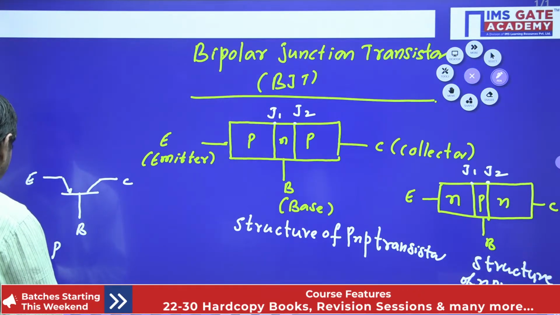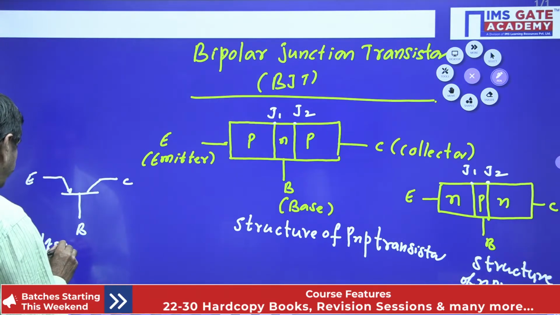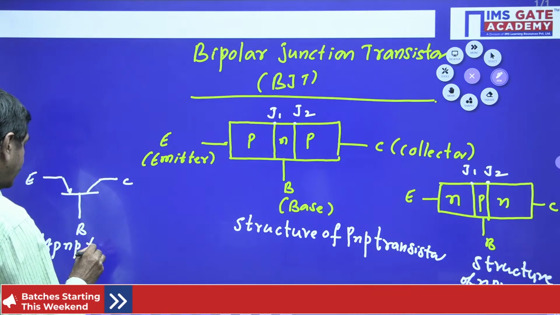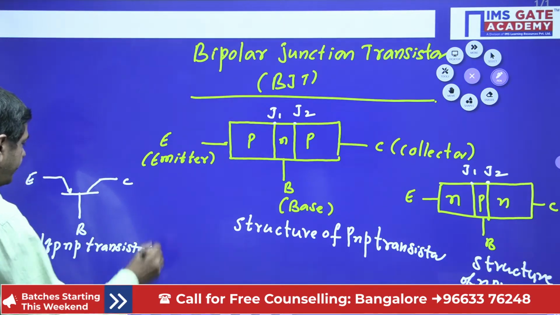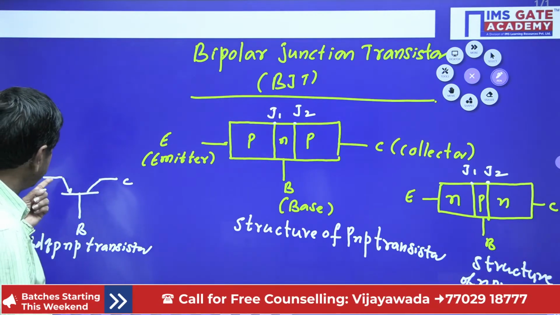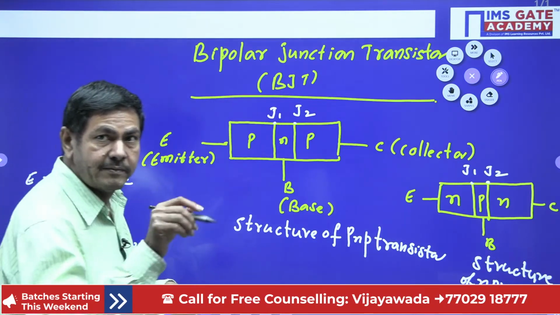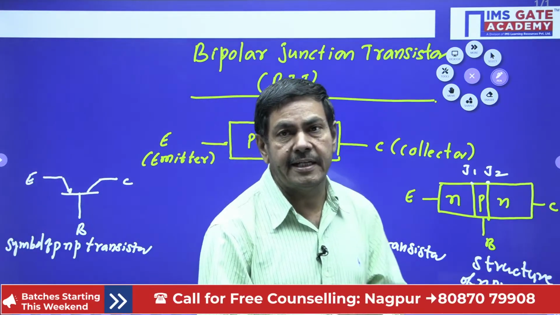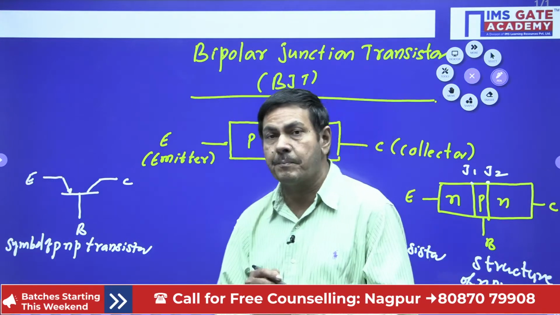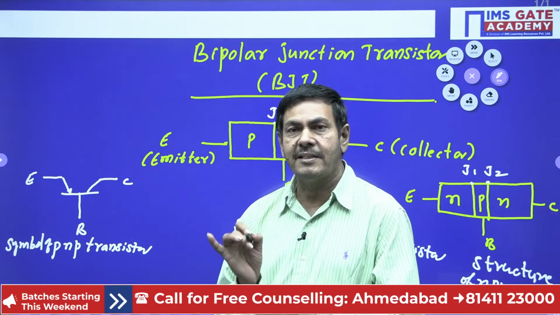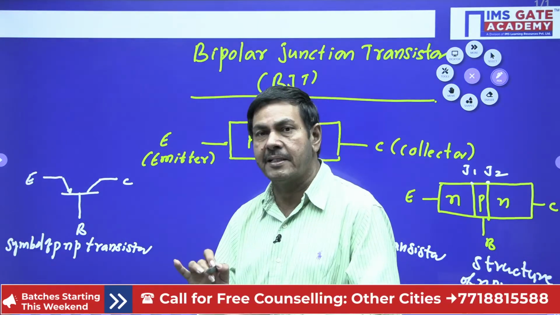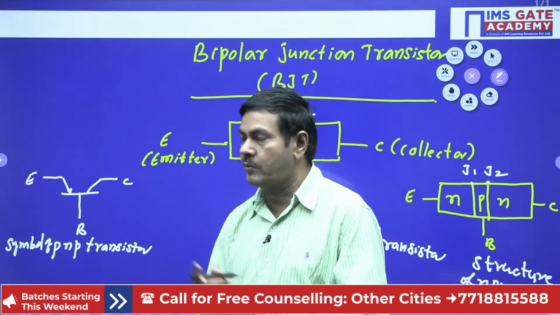Here one arrowhead is given. That arrowhead indicates what now? In which direction does the emitter current pass? The direction of flow of emitter current is indicated by the arrow given in the symbol only now.